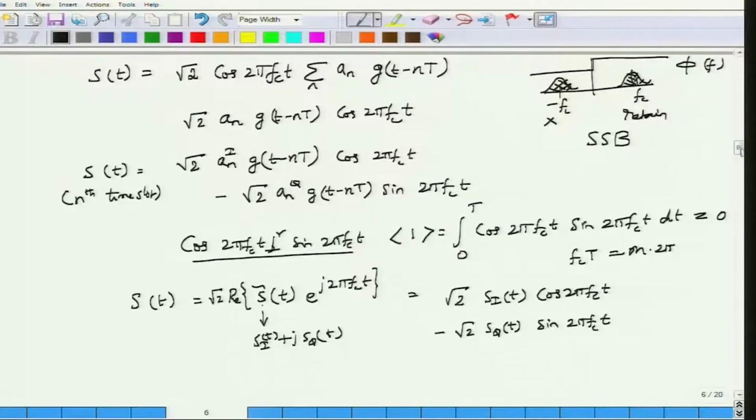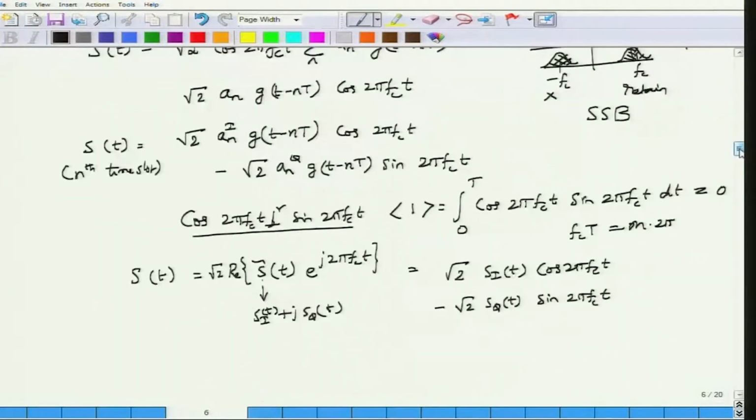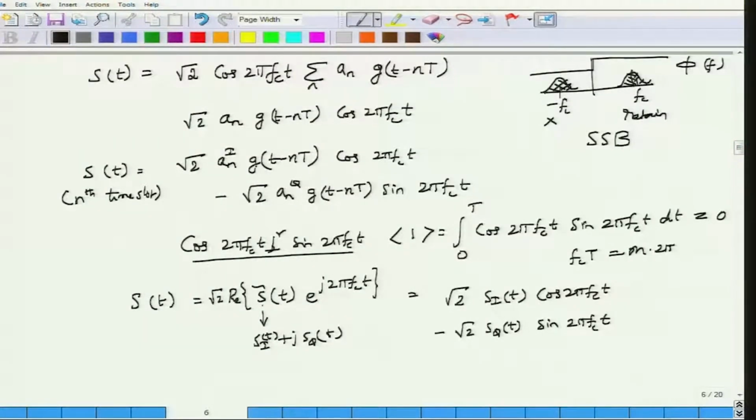Now what you can observe from this equation is that in place of Si of t, I have ani g of t minus nt, and in place of Sq of t I have anq g of t minus nt. So it is possible for me to combine this expression for S of t in the nth time slot and make it look like a complex envelope.